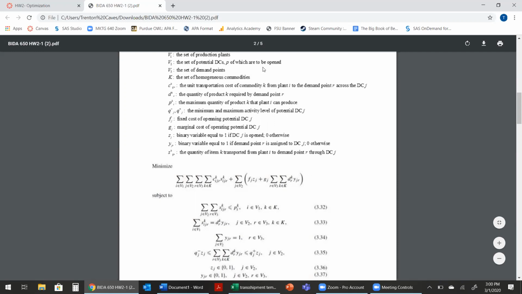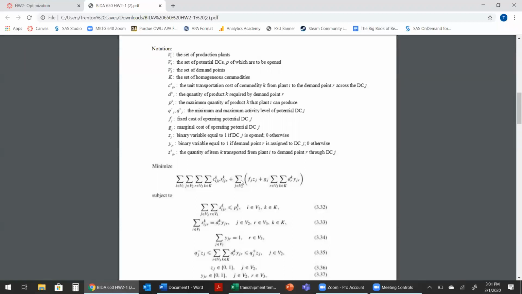Are we going to open one warehouse or 3 warehouses? How many do we need to minimize our cost? So for all of our distribution centers, that's the sum j subset V2.